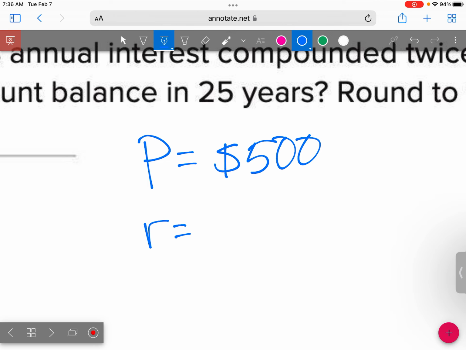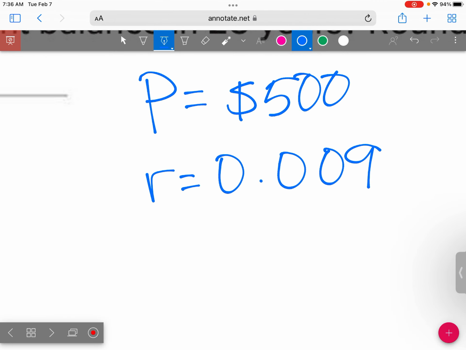Not just 0.9. We have to move the decimal: 0.009. There we go. Sorry. What is our next piece? N. So it's compounded twice a month. How many periods in the year are we going to have?